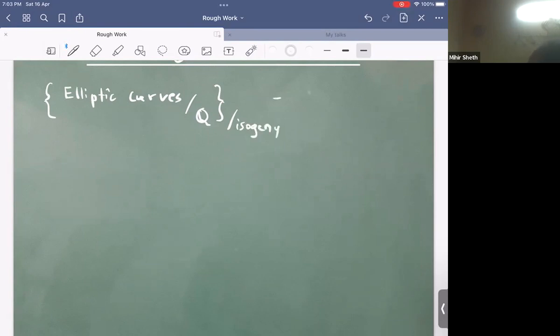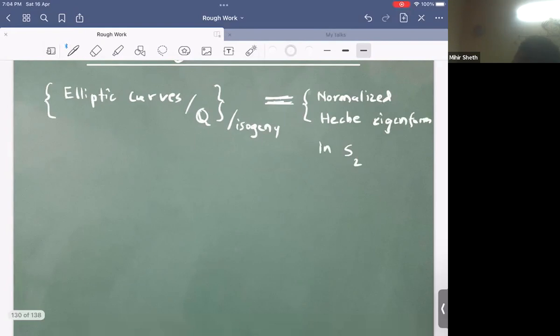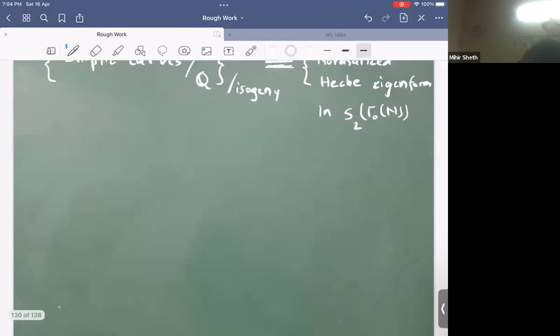This set is actually in one-to-one correspondence with the set of normalized eigenforms in the space of weight 2 cuspidal modular forms of level gamma 0 n, with rational Fourier coefficients.